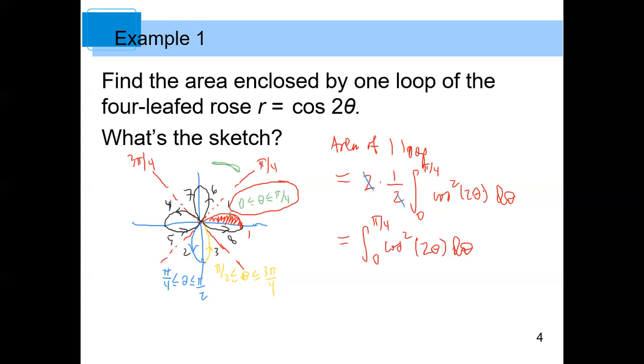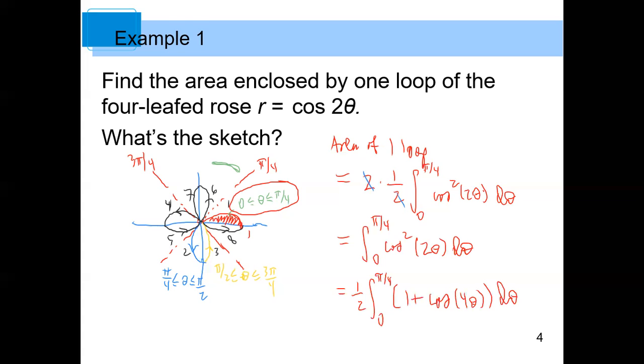You used the half angle formula. Half angle formula says this is 1/2, I remember that thing had a 1/2 in it, 1/2 of 1 plus cosine of 4 theta, because it would be twice whatever the angle is. This thing is half the angle of the formula side of this thing, d theta.